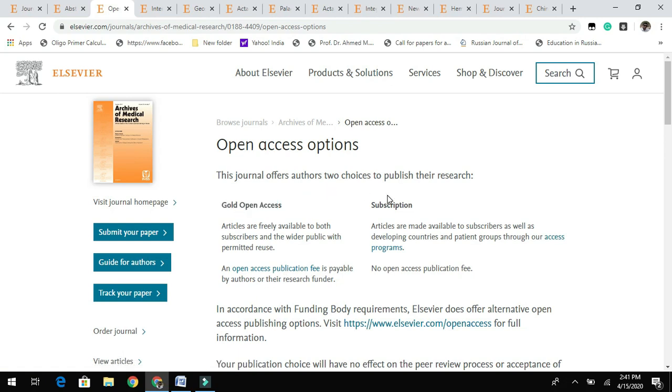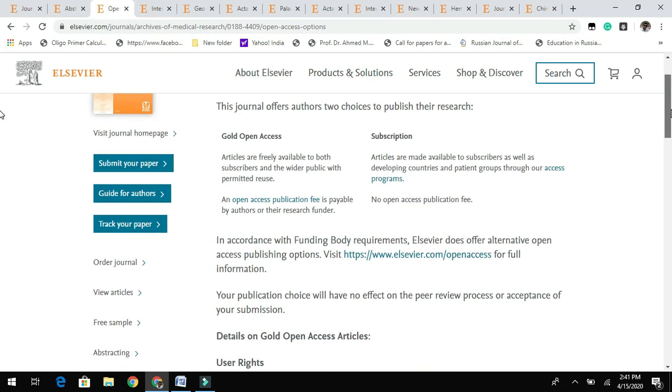So if you don't want to pay any publication fees, then you need to choose subscription option, where authors are not meant to pay any publication fees.